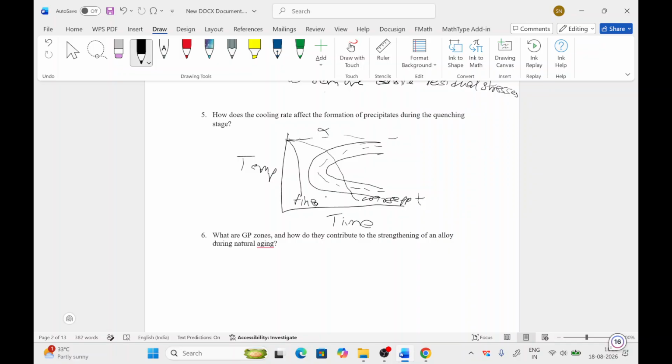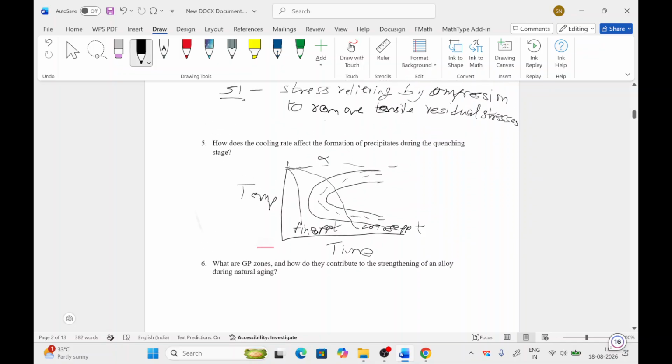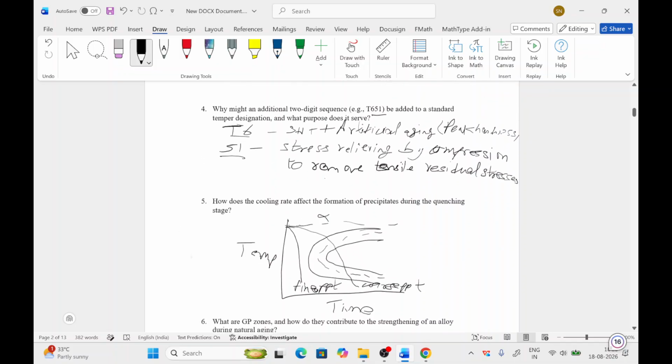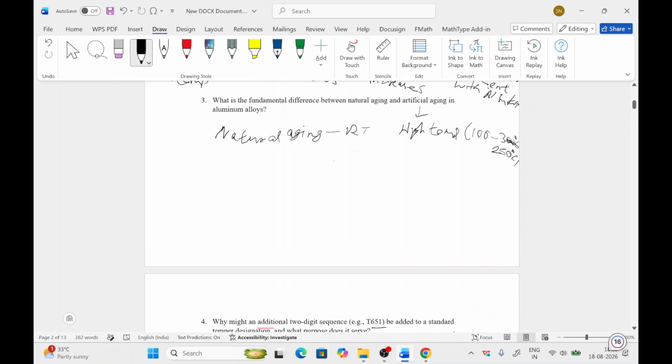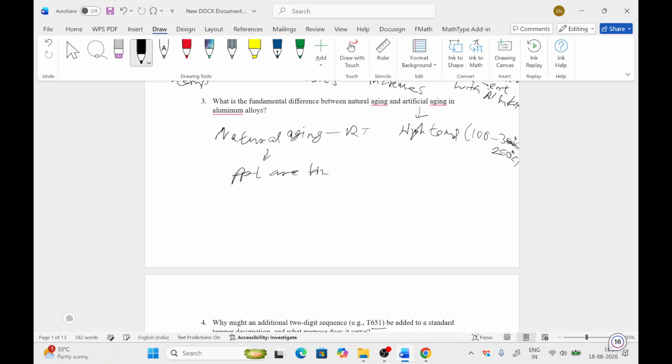So with this path, fine precipitates are formed. So also we can say that in natural aging and high temperature artificial aging, in natural aging the precipitates are fine, and in artificial aging the precipitates are coarse.